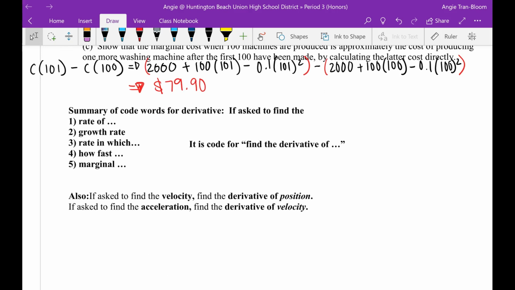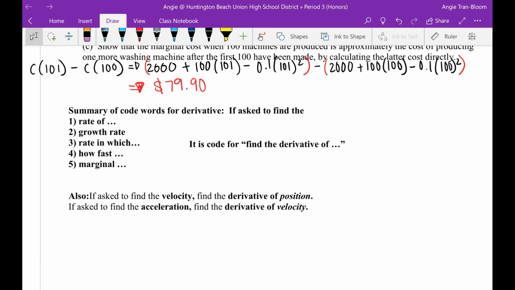Summary of code words for derivative. If I ask you to find the rate of change, growth rate, the rate at which, how fast is it going, how fast is it changing, or the marginal cost or marginal revenue, those are all derivatives.